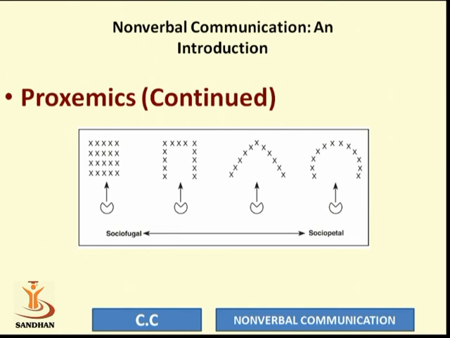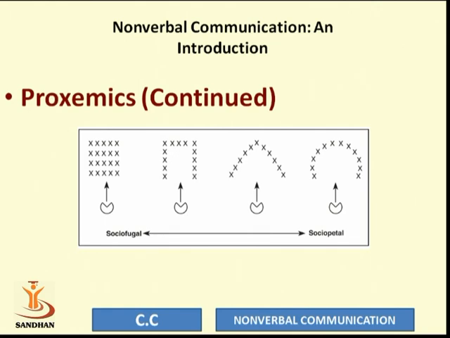If we maintain this angular shape in the third picture, it becomes even better. And the ideal way of sitting in any classroom would be the fourth way, where everyone can see everyone's face, and that would create the best communicative environment.